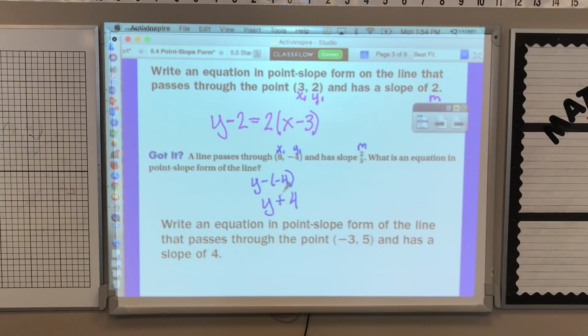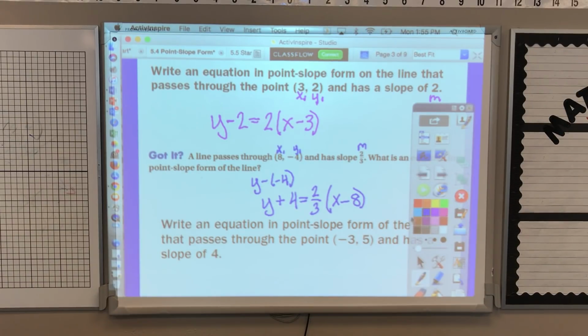That's what I was talking about. When it's a negative number in your ordered pair, the equation becomes a positive. Equals m, which they told us is 2/3, times the quantity, parentheses, of x minus x1, which they told me is 8. So x minus 8. And there's that equation in point-slope form.